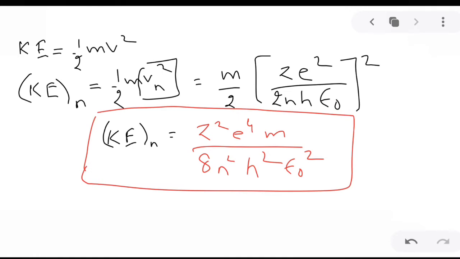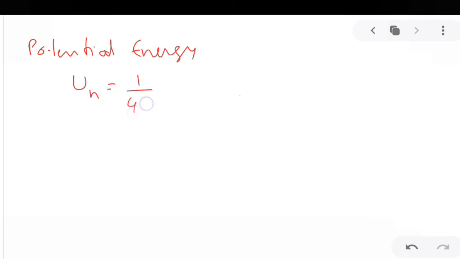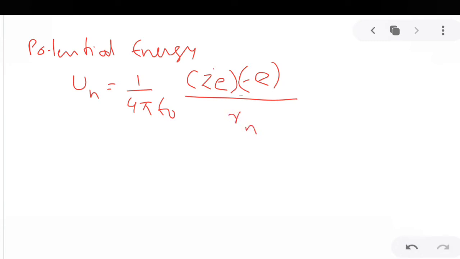Now let us calculate the expression for potential energy in nth orbit. It is 1 by 4 pi epsilon naught, nucleus charge is Z into E, because nucleus has Z protons, and charge of electron is minus E. So this is Q1, this is Q2, divided by Rn. Now what is the value of Rn?